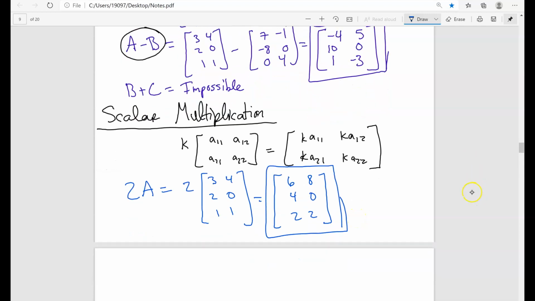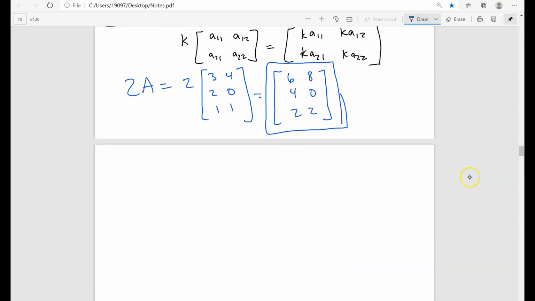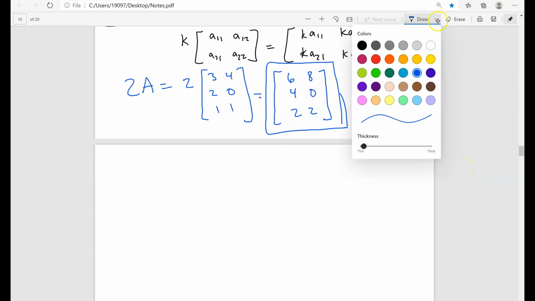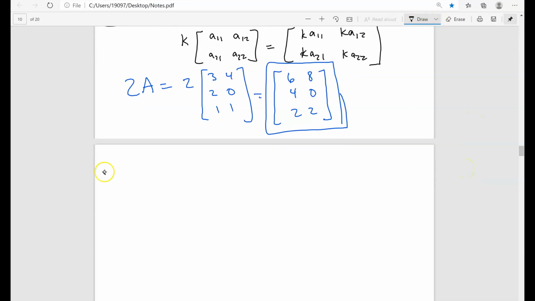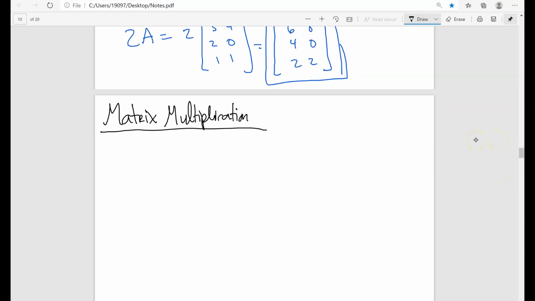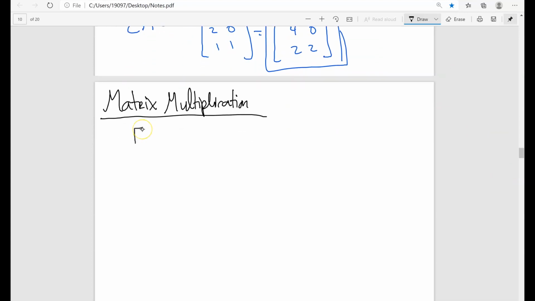Okay. Now, matrix multiplication is a little different. When we talk about matrix multiplication, it's going to be a little different because you're basically doing something called the inner product. So the way that matrix multiplication works is that you're going to multiply the two matrices together. Now the dimension here kind of does matter.